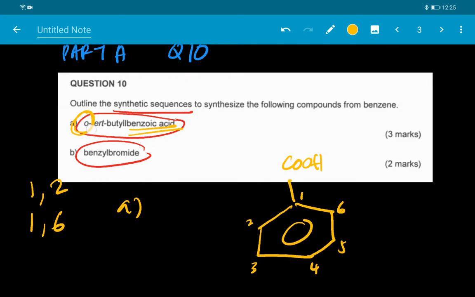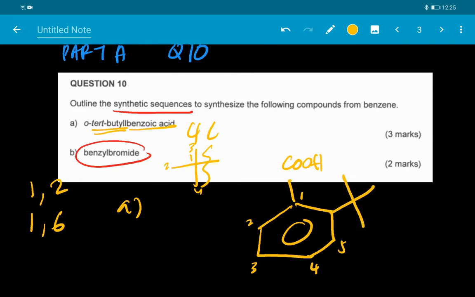Now the structure attached in the ortho configuration will be tertiary butyl. Tertiary butyl consists of 4 carbons, and it should be written like this. This is the first carbon, the second carbon, the third carbon, and also the fourth carbon. This time around, I'm going to put the tertiary butyl at carbon number 6.